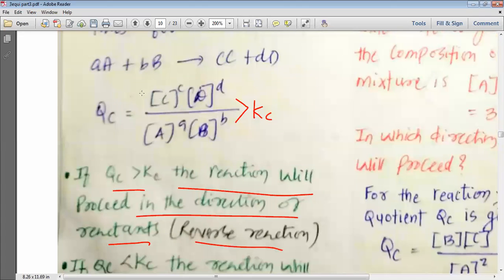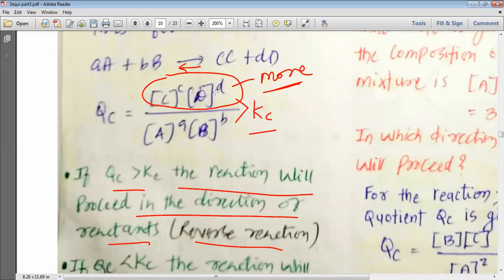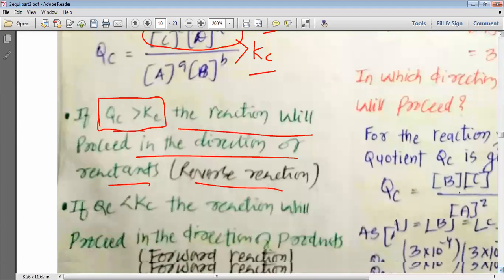That means the concentration of product is more than the concentration that can be available at equilibrium. But we know that the reaction will always move towards the equilibrium, and that is why the concentration of product should be decreased to obtain the equilibrium, and the reverse reaction takes place. So my dear students, please remember that if the value of Qc is greater than Kc, then the reverse reaction takes place. Let's move forward.